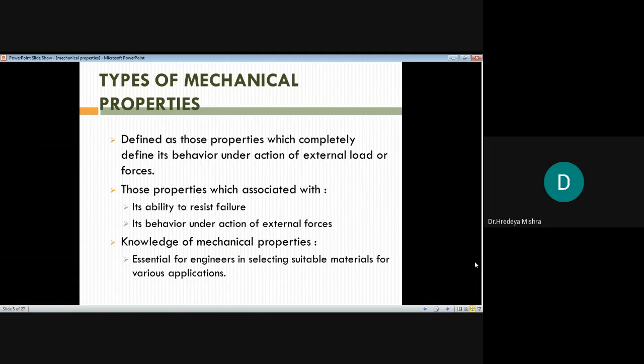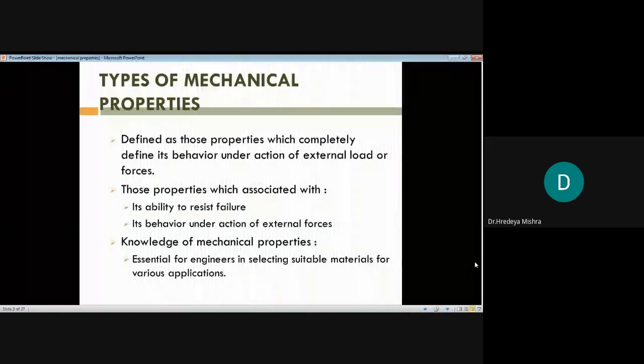So if the component or equipment is not performing the application for which it is made, that is the meaning of failure. Like if you purchase a bike and your bike does not properly run on the road, that is the failure of your bike.